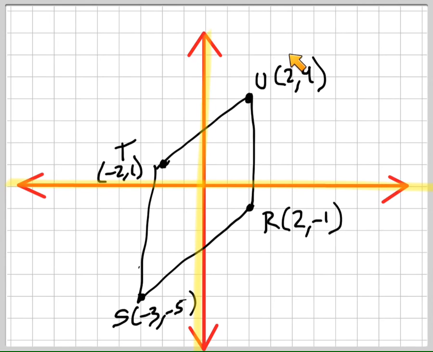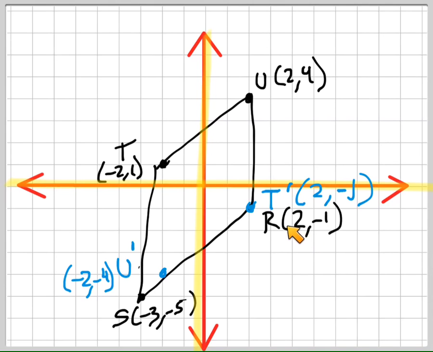So U prime, if U was at 2, 4, if the pre-image, U prime is going to be at -2, -4. There's U prime. T prime both becomes its opposite. It's going to be at 2, -1. So T prime is actually going to lay on top of where R was.